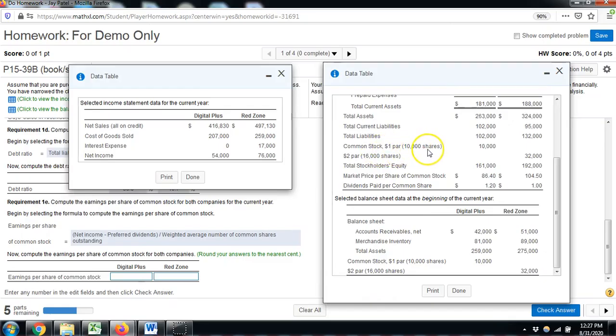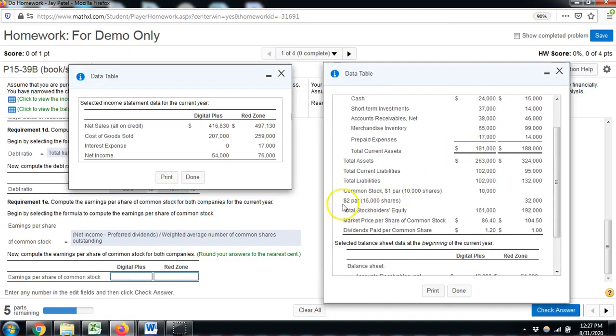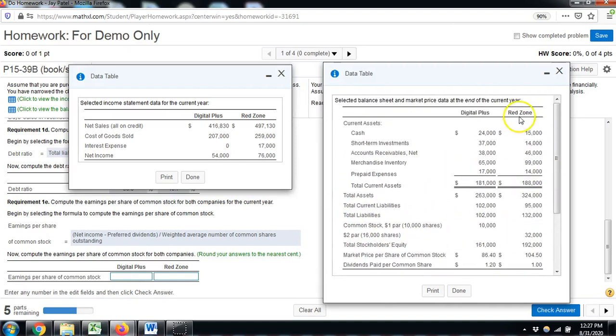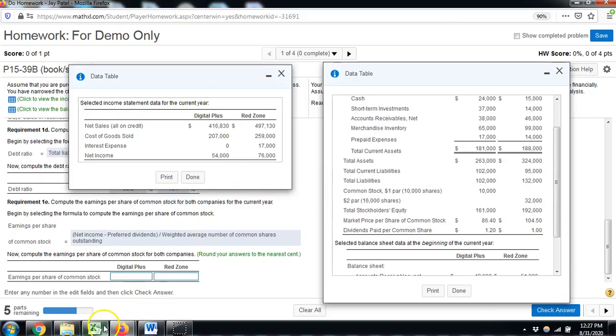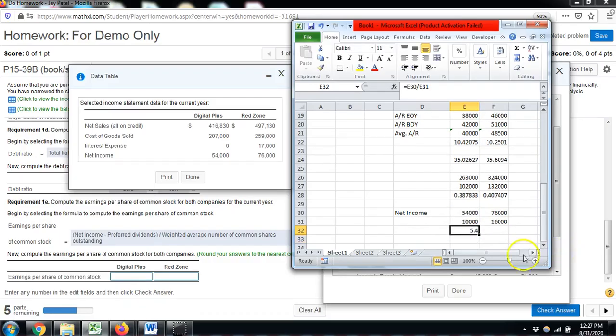So it looks like there's 10,000 shares of this Digital Plus and 16,000 shares of Red Zone. So when we do the math, net income divided by the number of shares, $5.40 per share for that, and $4.75 per share for that.